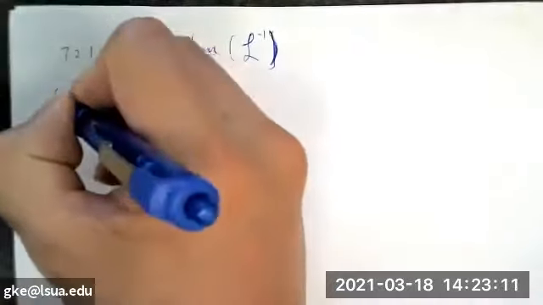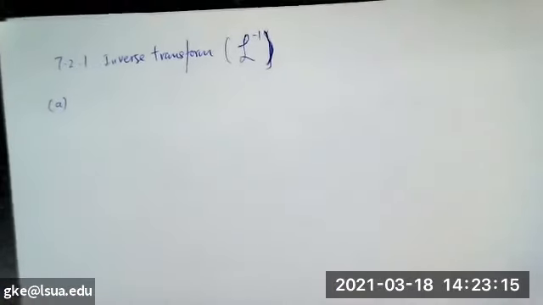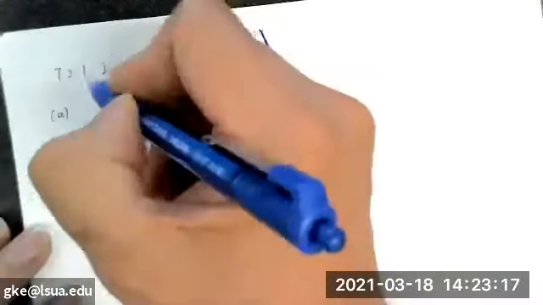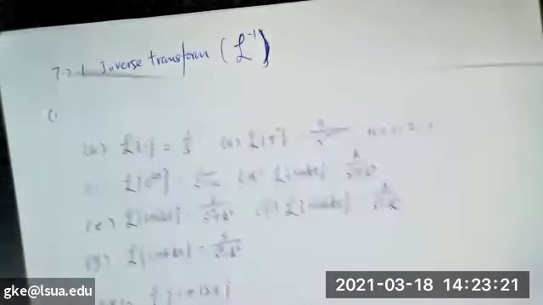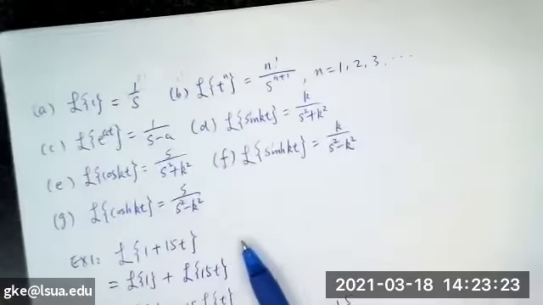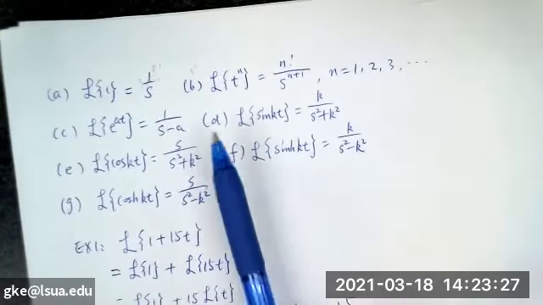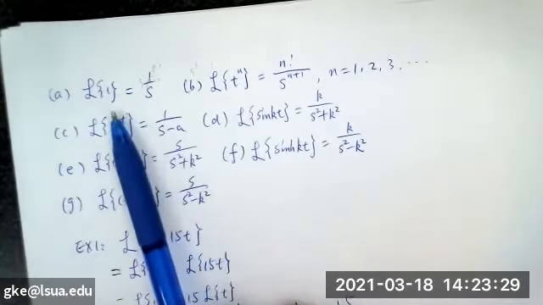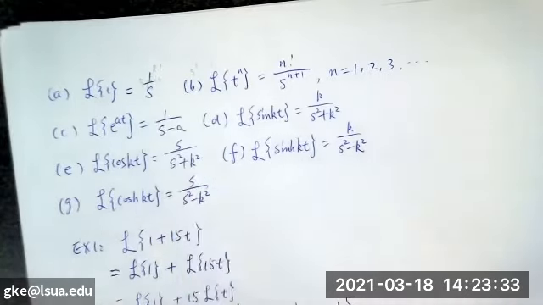Now let me write down the formulas for you guys. The inverse is basically the reverse process of the Laplace transform. For example, here the Laplace transform of 1 equals 1 over s.